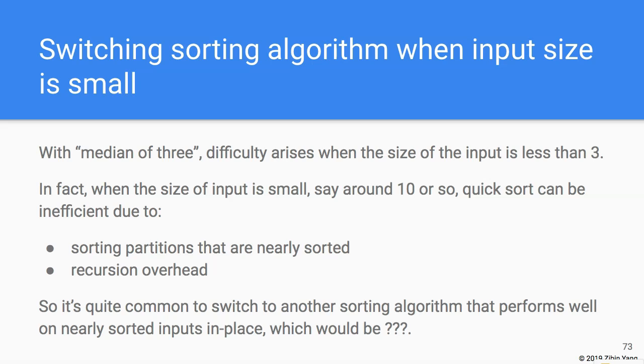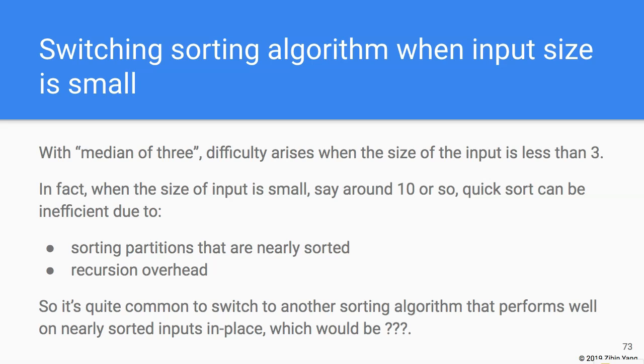One is because those partitions have already gone through quite a few rounds of quicksort, so they are probably nearly sorted, if not already sorted. We've already seen that quicksort can be efficient when the input we're trying to sort is almost sorted. So that's one problem. Another problem could be just the recursion itself. Recursion is never free, right?